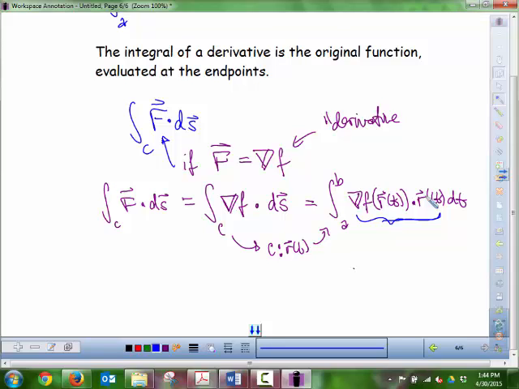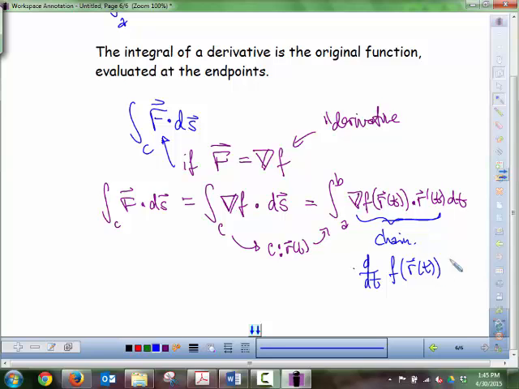It looks like a chain rule. Does that look like a chain rule to you? When do we use the chain rule? When you take the derivative of a composite function. We took the derivative of a composite function. What are we composing? F of xy, r of t.